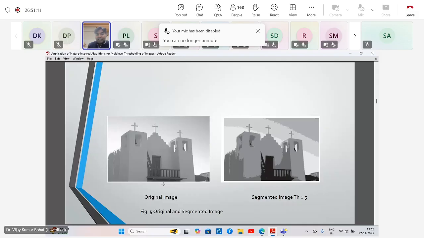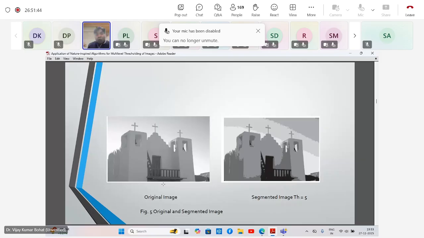An example is given in the slides, figure 5, original and segmented images. In the original image, a church, which is a popular image in the field of image segmentation. In the next image, if we select 5 thresholds, then this image will be divided into 6 different classes. The segmented image covers all the important knowledge of the image, and you can easily get more knowledge from it, like the different intensities of the sky and the light that are visible in this image.